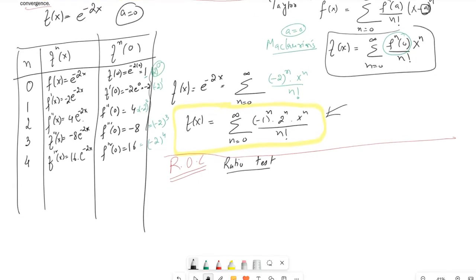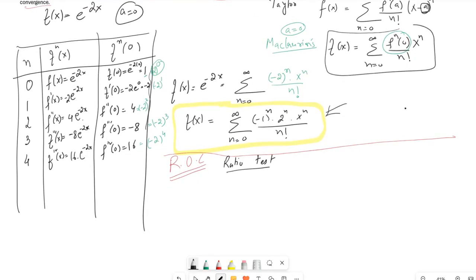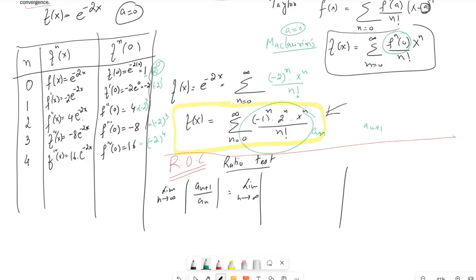For the ratio test, I need to find the limit as n approaches infinity of the absolute value of a_(n+1) divided by a_n. a_n is this. a_(n+1) would be what? Change every n to n plus 1.